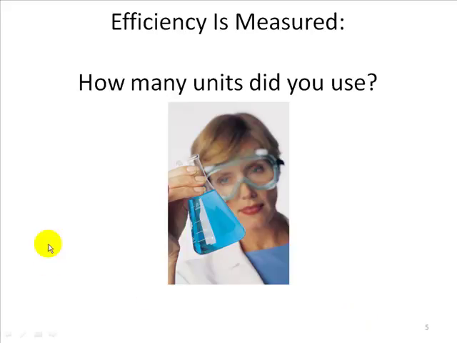So the question is, how many units did you use? Therefore, before you begin your project or as you're thinking about your project, I strongly encourage you to look at the step-by-step instructions regarding the efficiency project, and then to not wait, start assessing, start thinking, how much money am I spending on eating out?